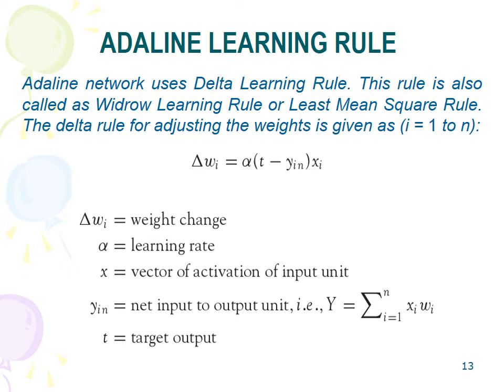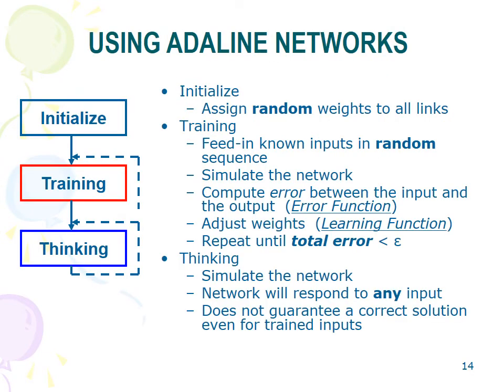Using Adaline networks, we have three stages: initialize, training and testing. In the initialize stage, we assign random weights to all the links. Training feeds in known inputs, because it is a supervised learning network, in random sequence.